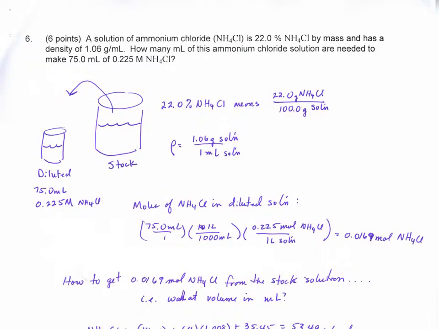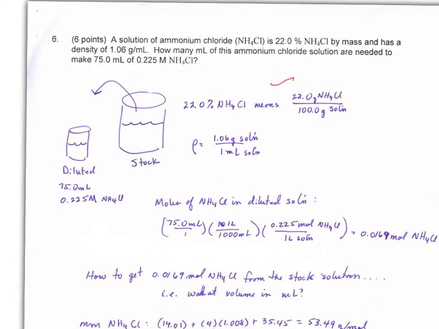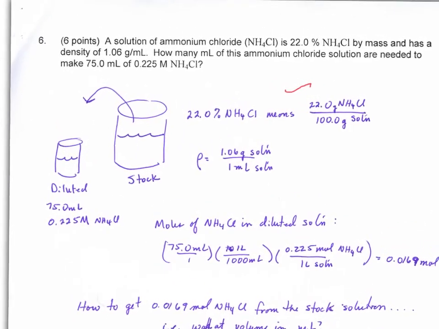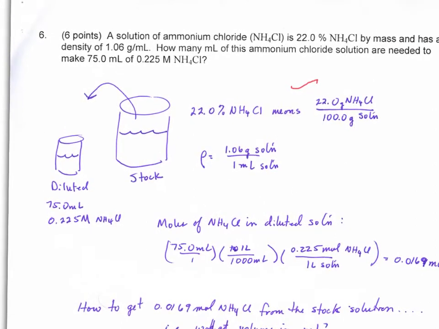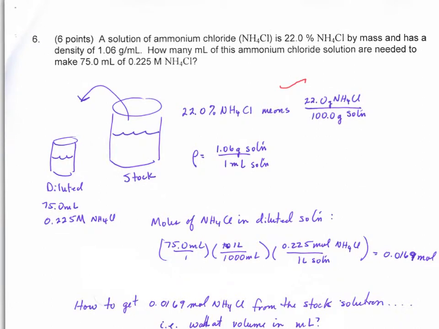Was this one. And of them, honestly, this is probably one of the hardest. This actually is a dilution problem and then something on top of the dilution problem. So it tells you that you have a certain amount of stock solution. It gives you information about the stock solution: its density and its weight percent.